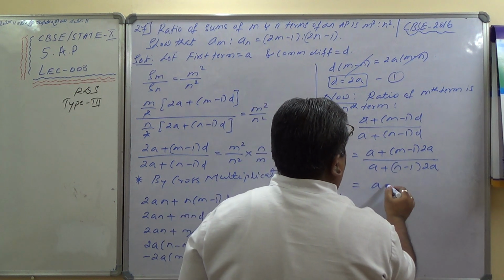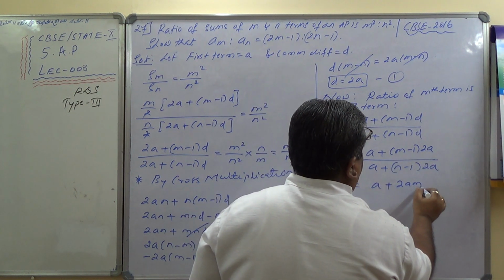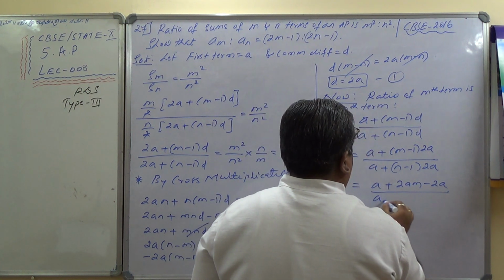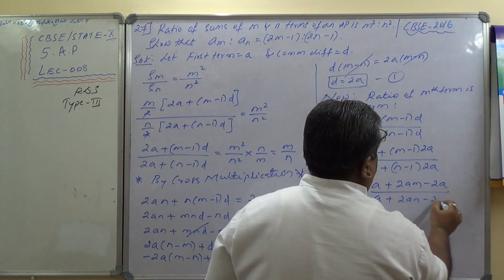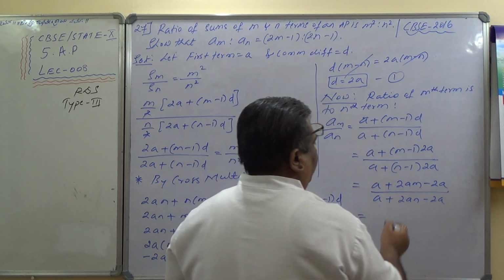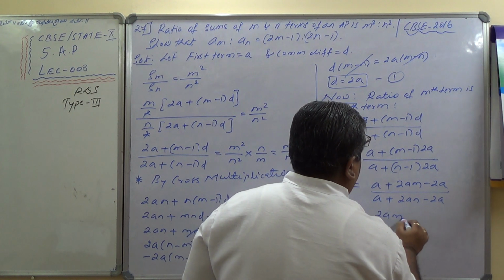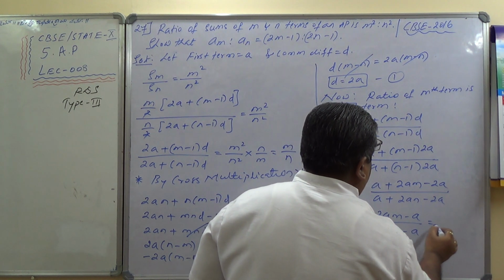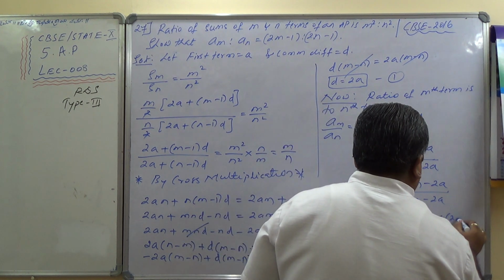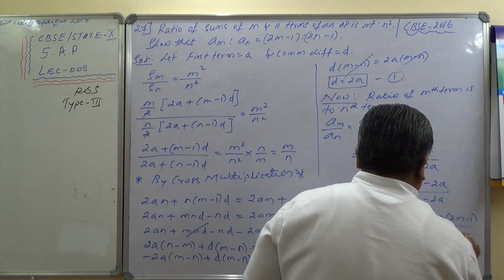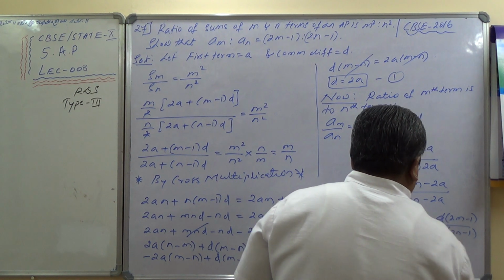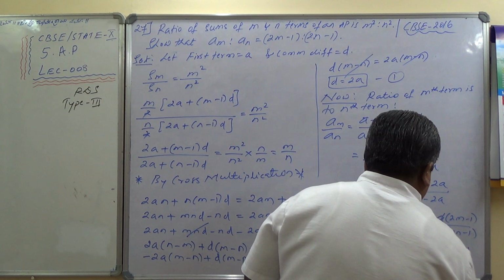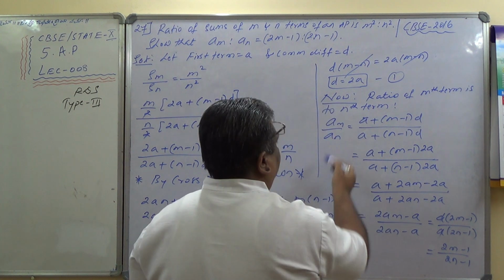So a plus 2am minus 2a, divided by a plus 2an minus 2a, which equals 2am minus a divided by 2an minus a, which is a times 2m minus 1 by a times 2n minus 1, which equals 2m minus 1 divided by 2n minus 1.